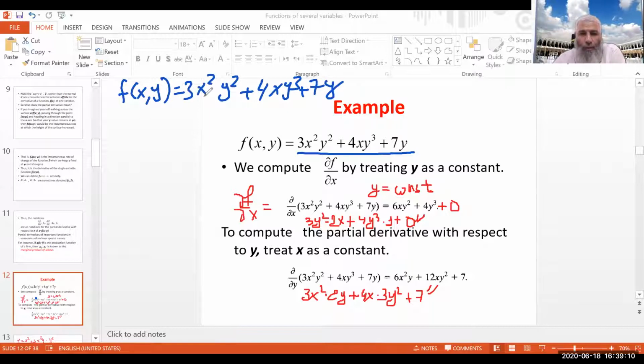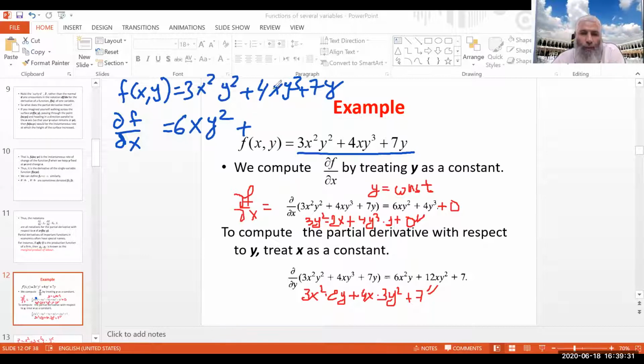Now the derivative of x squared here is 2x. 2 multiplied by 3 is 6, so 6x y squared, because y squared is like a number.